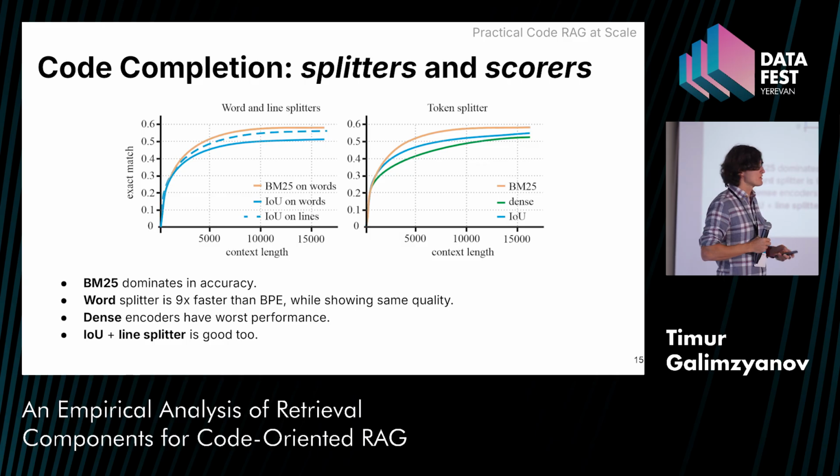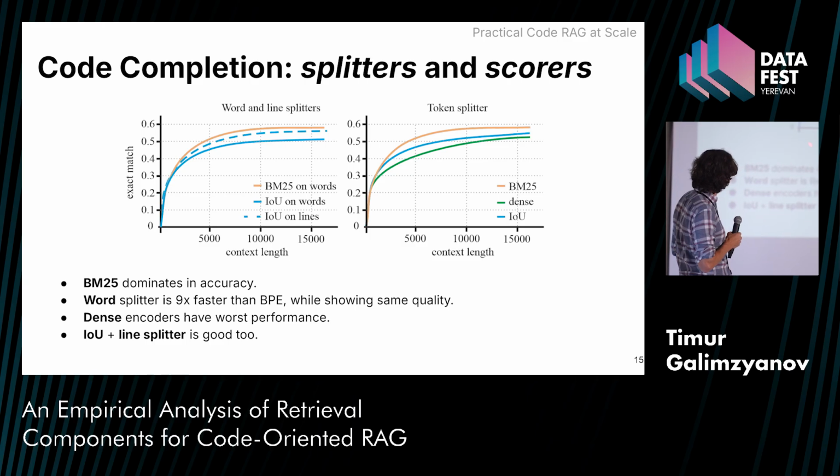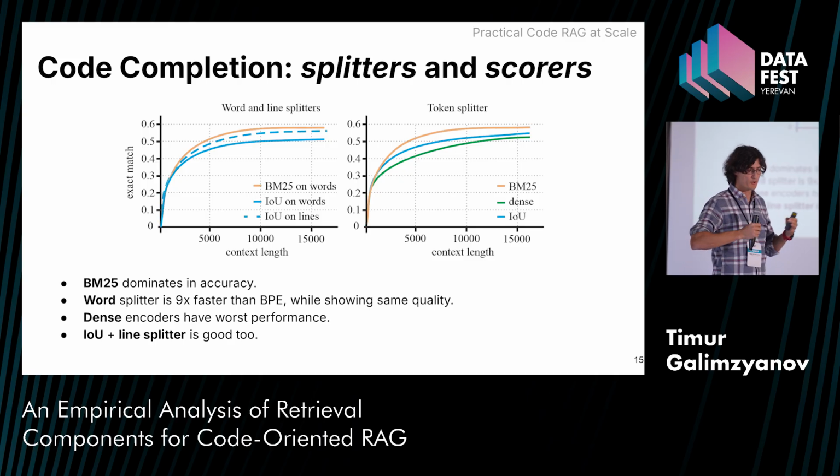Let's move to the results. These results depict the exact match versus the context length, because we wanted to benchmark the quality of the generation on various context budgets.